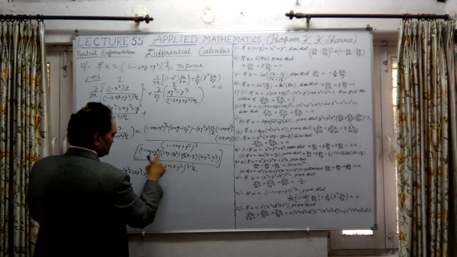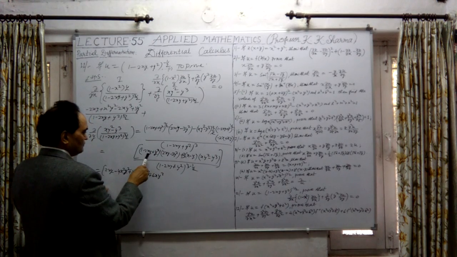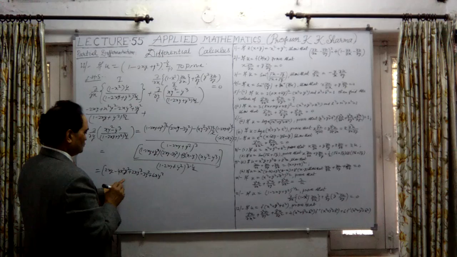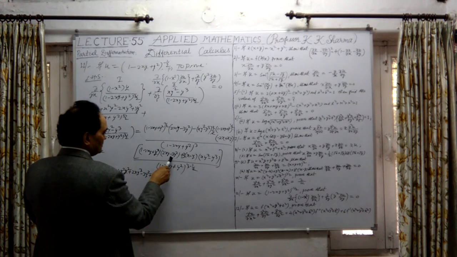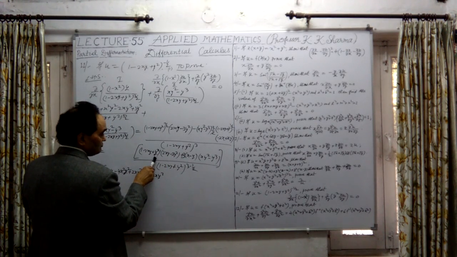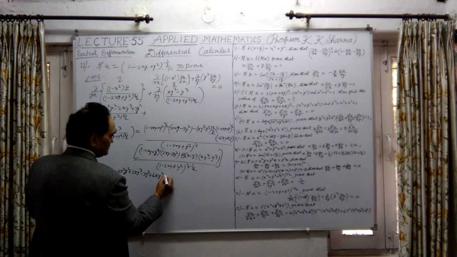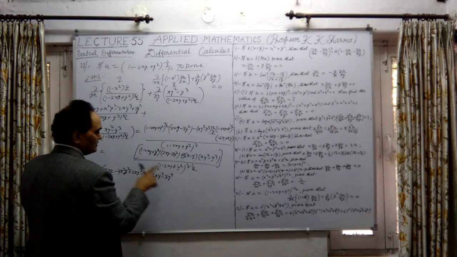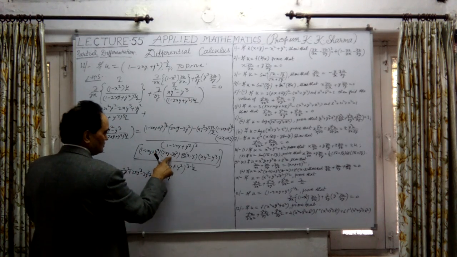Alright, this is done. These are the 6 terms, 1, 2, 3, one more is there. This is now minus 3y square into y square, that means minus 3 into y to the 4th power, y square into y square is y 4 power.